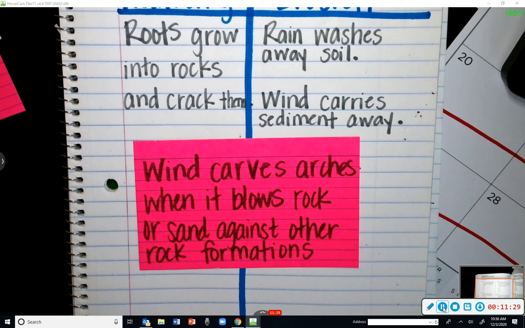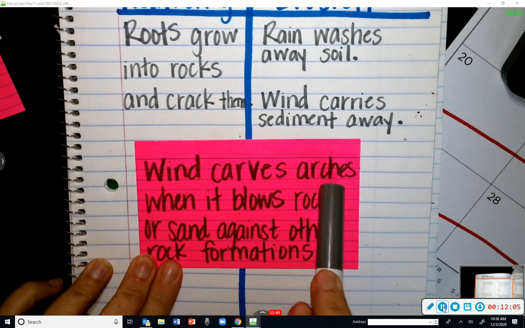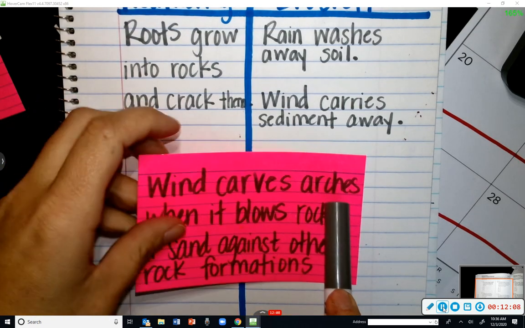Thumbs up if you have your answer. Is it moving something to a new location? Or is it talking more about how things are being worn down to make a new shape? Okay, so what do you think it is, class? Weathering. Good. It's talking about how it's carving out an arch. So when it does that, it's wearing it down or breaking it down.